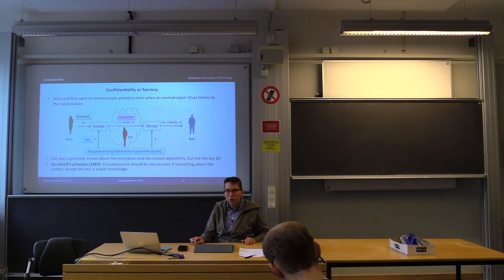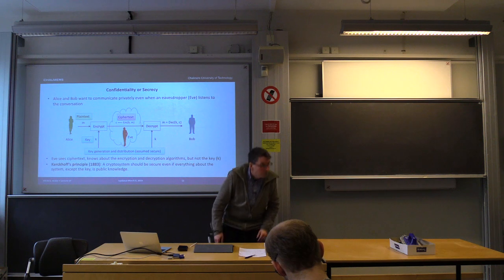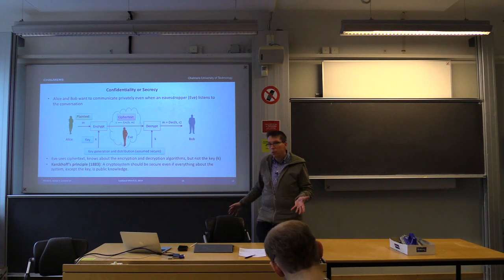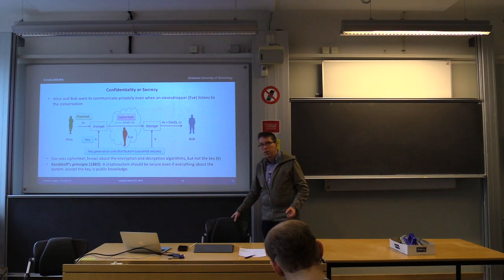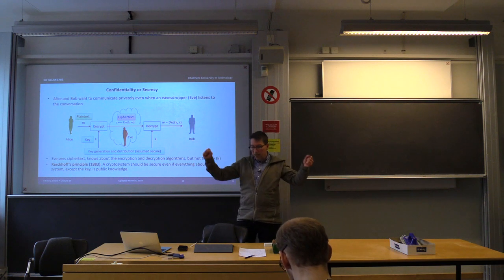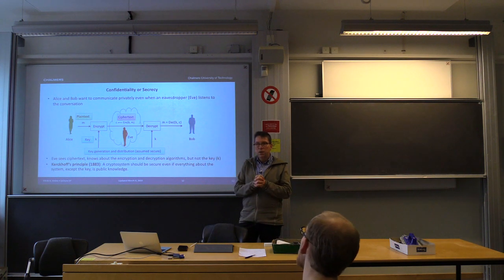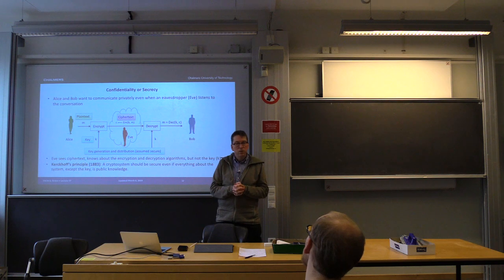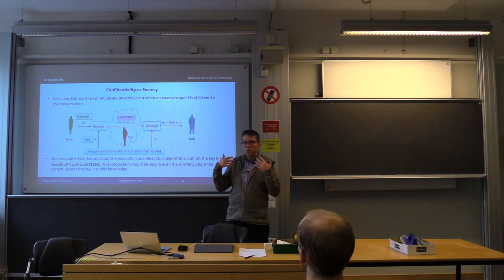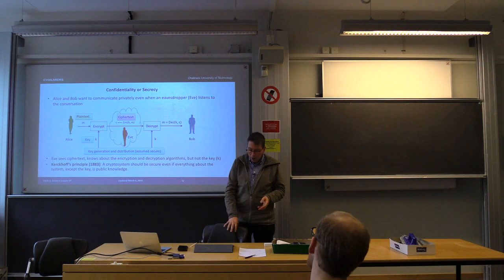So what do we think about security? Well, the first thing one can think of is that we would like to keep communication between two parties, Alice and Bob, say, secret from everyone else. So this is the classical cryptography problem.